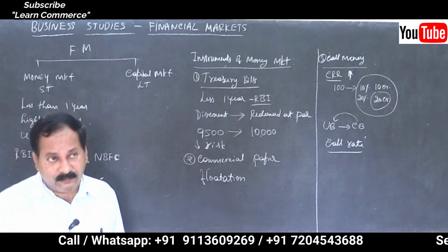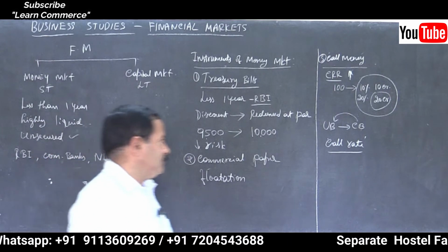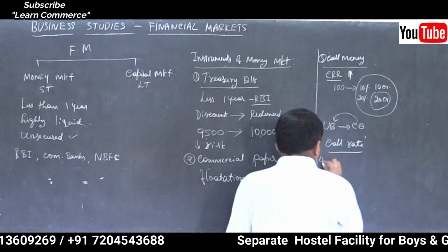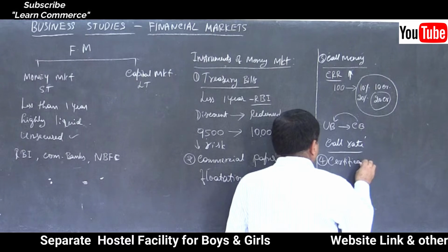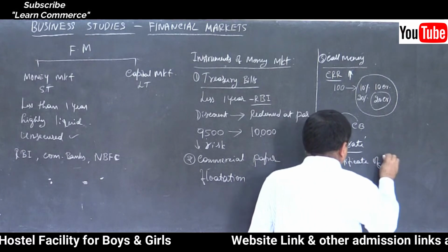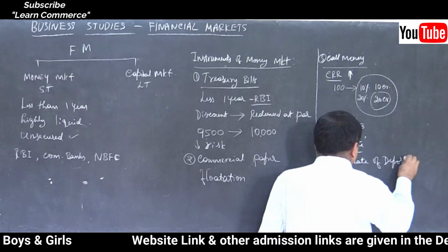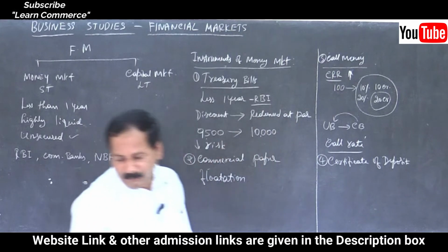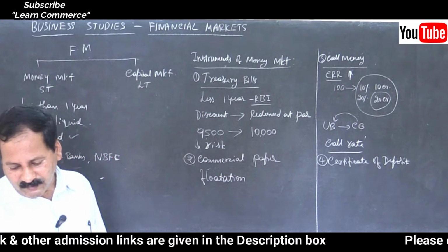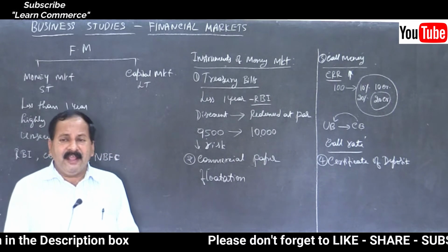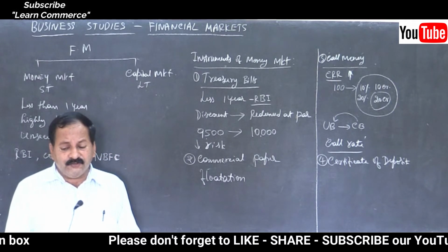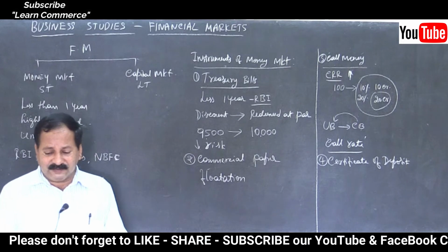Moving on to the fourth one, certificate of deposit. Certificate of deposit. These are unsecured negotiable instruments issued by commercial banks.